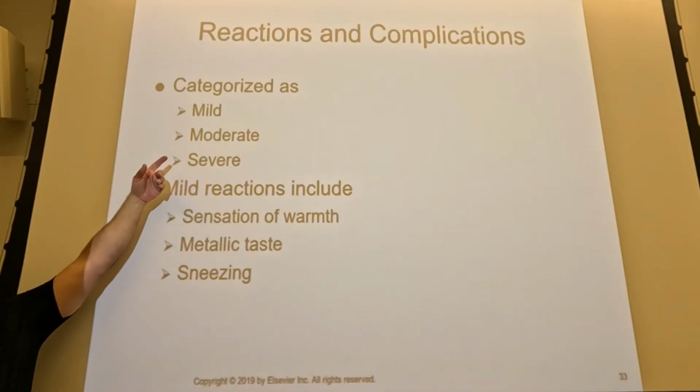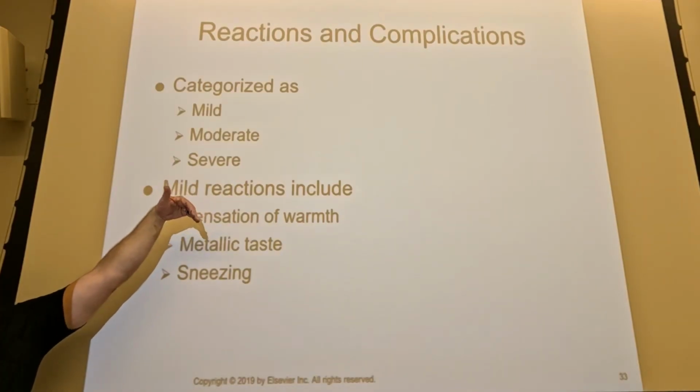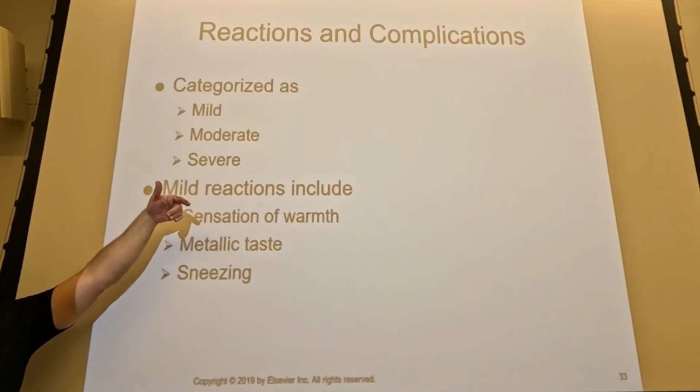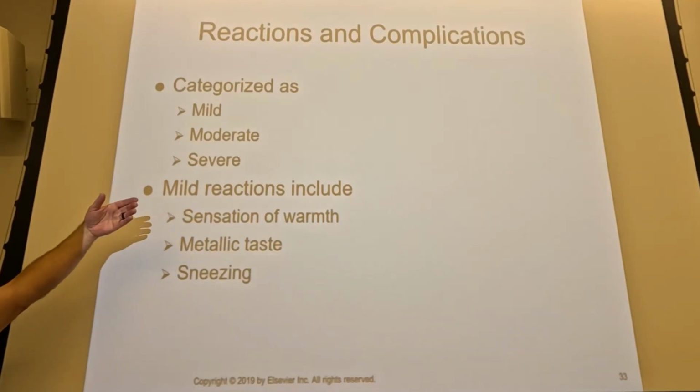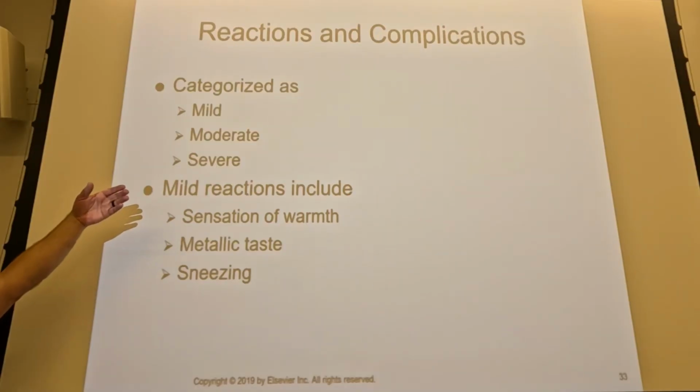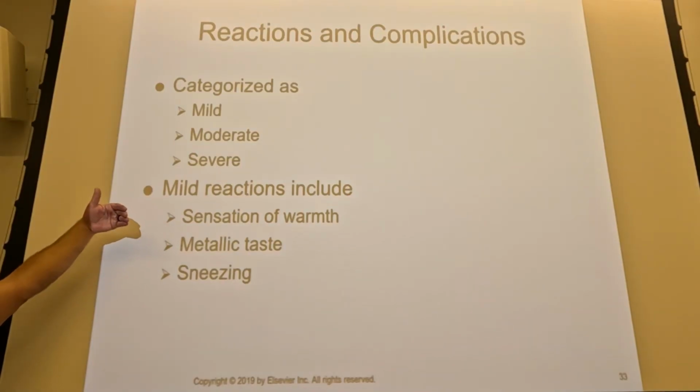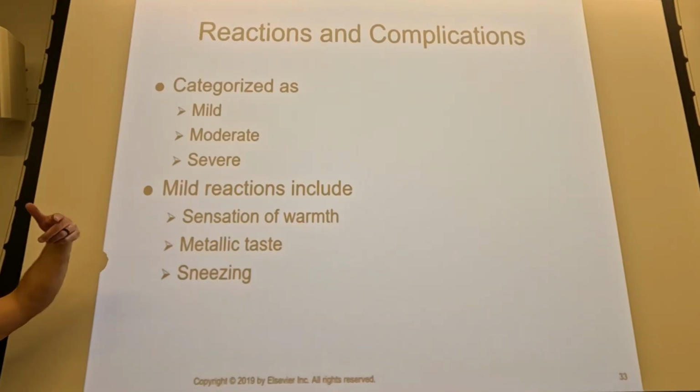But the thing is, it can go from one to the other immediately, and most of your reactions are going to be pretty quick. So, patient says, I'm itchy, nurse, get some Benadryl on board, get some adrenaline available, right? Some epinephrine available, just in case it progresses.